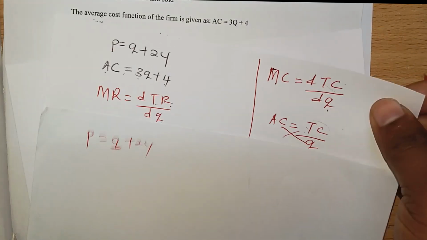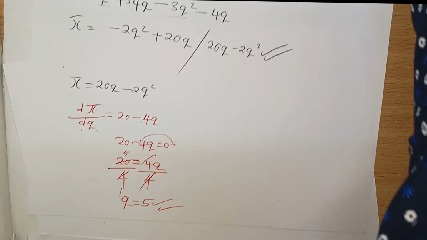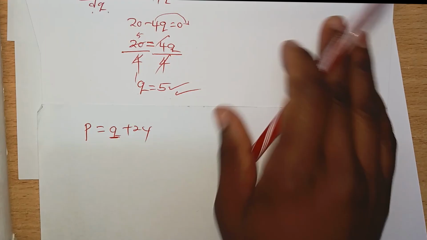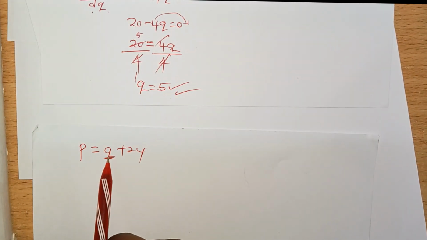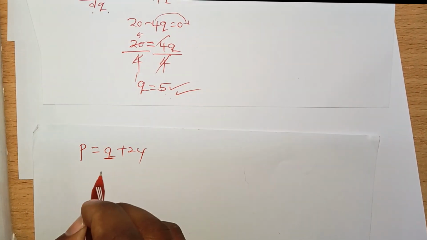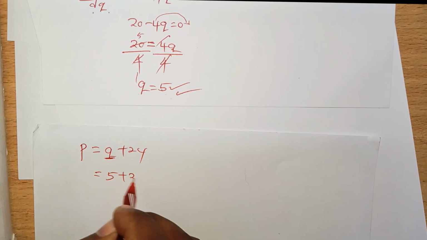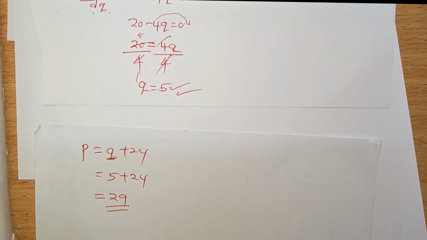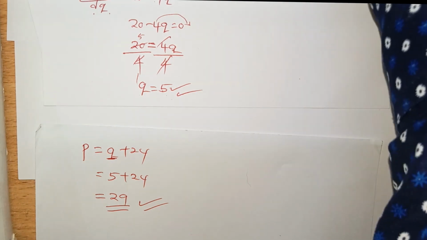We have found the quantity that maximizes profit as 5, so we replace Q with it. So this is going to be 5 plus 24, and the price that maximizes profit is 29. That's how you find the price that maximizes profit.